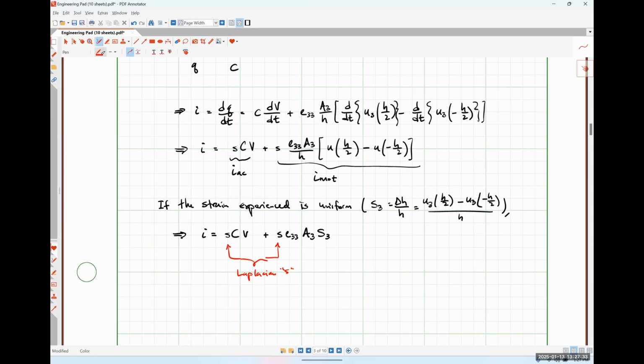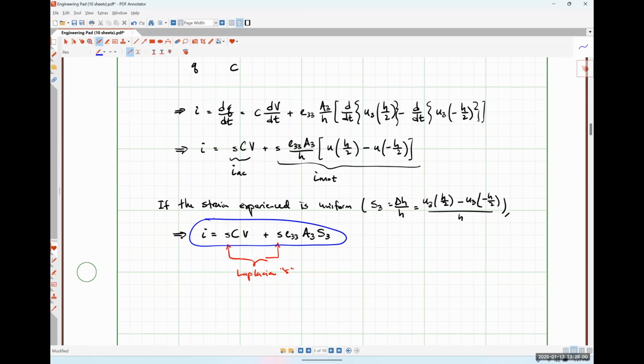Okay, so we've got a relatively nice compact form for this relationship that tells us what happens for our current if we were to apply some external voltage and if we were to mechanically deform this thing.